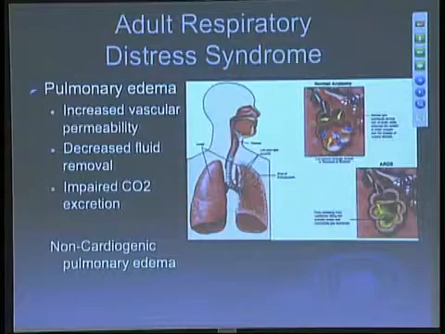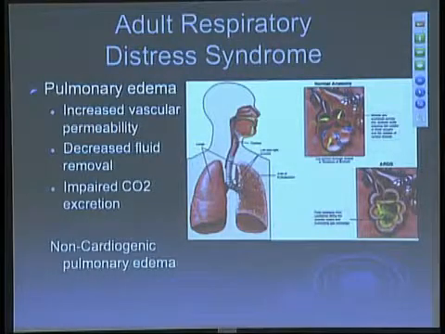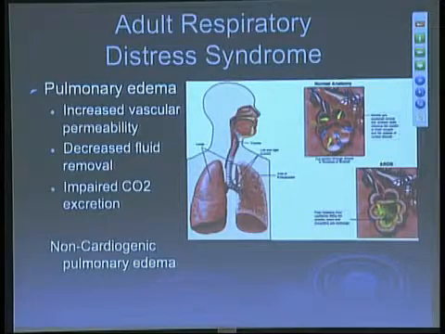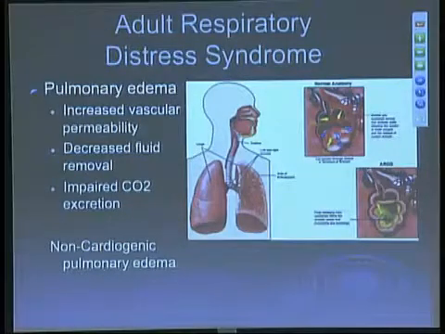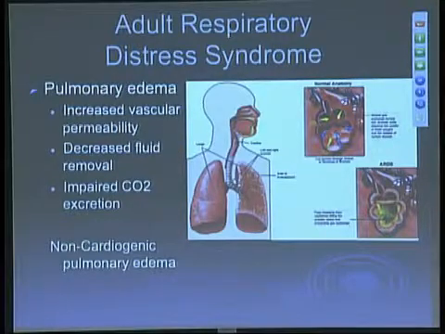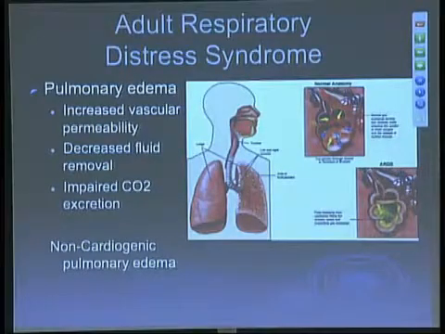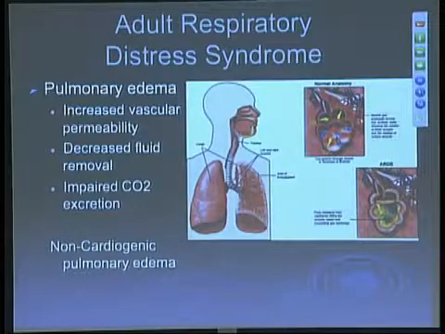Okay. Specific respiratory diseases and syndromes. Adult or acute, some people call it acute respiratory distress syndrome. It's actually adult respiratory distress syndrome. Basically, it's pulmonary edema, but it's non-cardiogenic in origin, meaning that it's not heart failure that's causing the pulmonary edema.